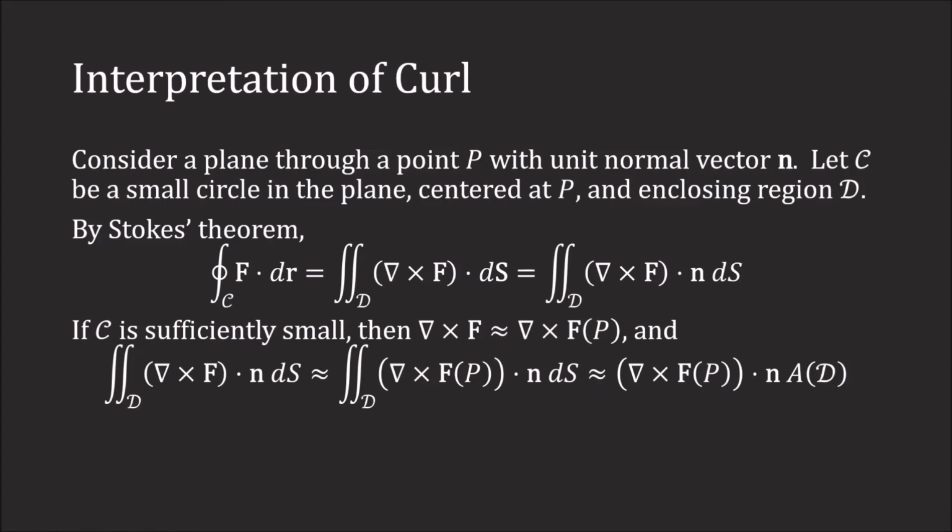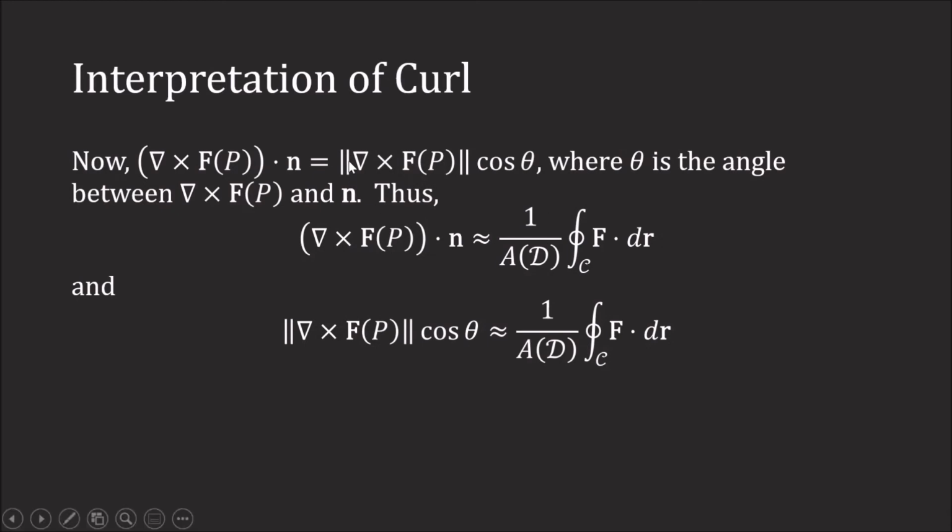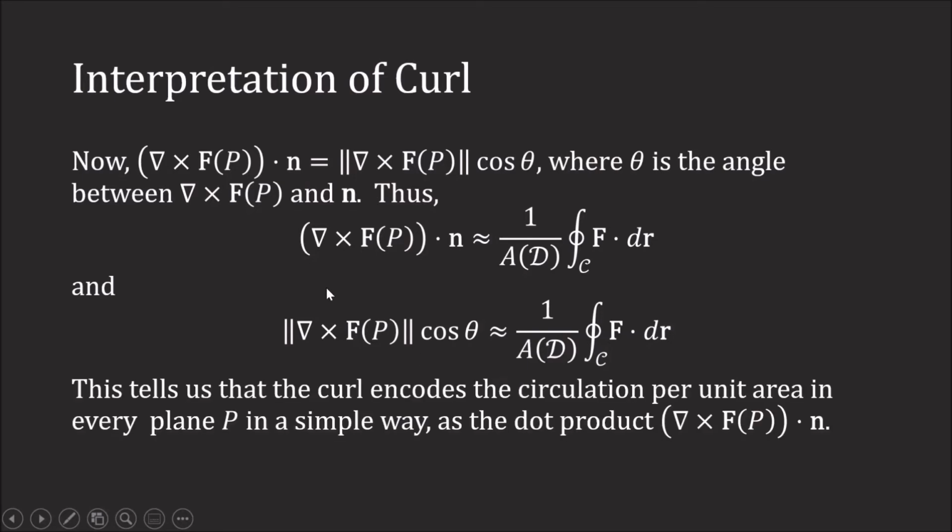Now, let's look at this dot product. That would be the norm of the curl times cosine of theta, where theta is the angle between that curl and the unit normal n. Thus, we can write both of these statements right here. What this tells us is that the curl encodes the circulation per unit area in every plane through P in a simple way, as this dot product.